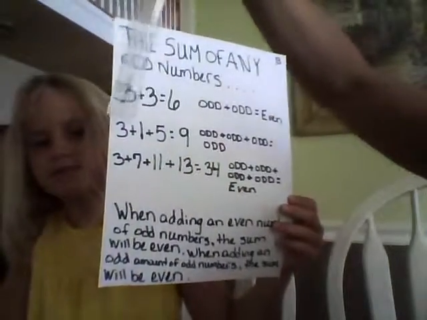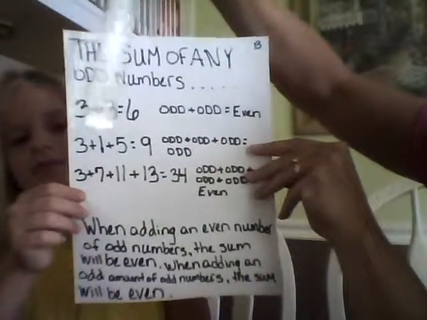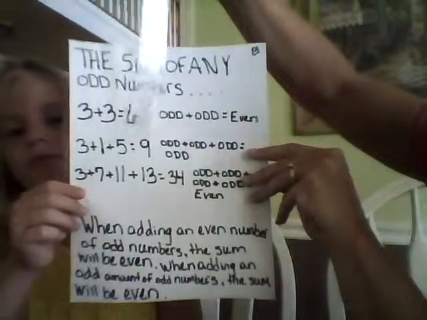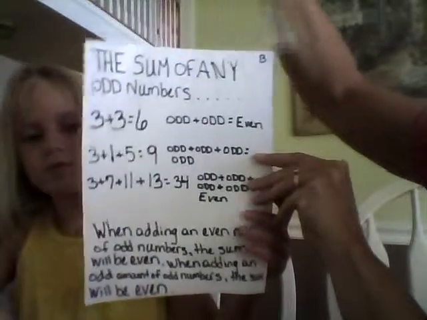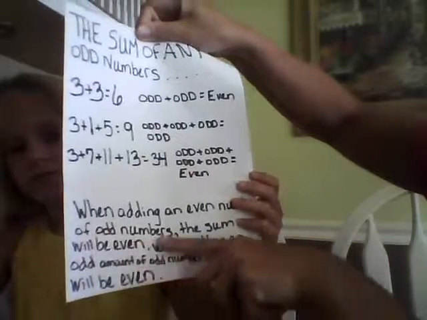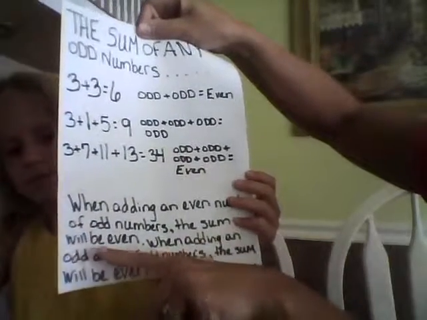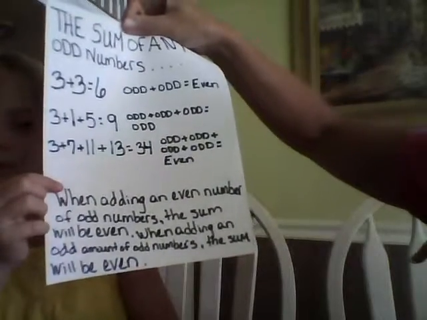But if you add 3 different odd numbers together, 3 plus 1 plus 5, I got 9, so my result was an odd number. I used another example, and what I concluded was that when adding an even number of odd numbers, the sum will be even. But when adding an odd amount of odd numbers, the sum will be odd.